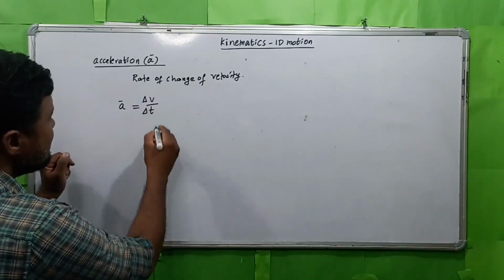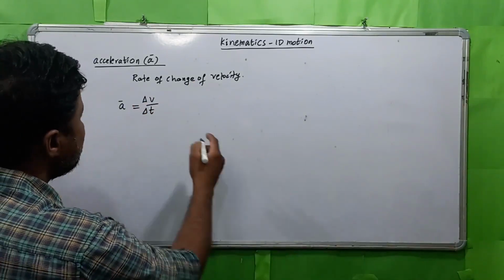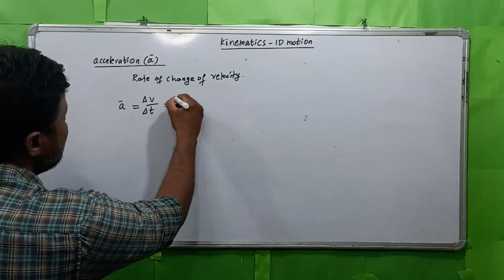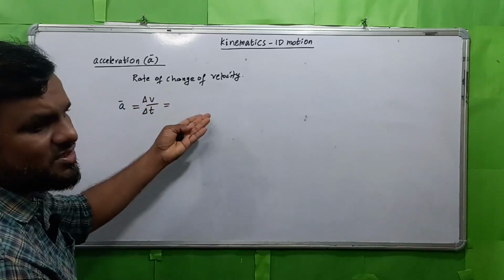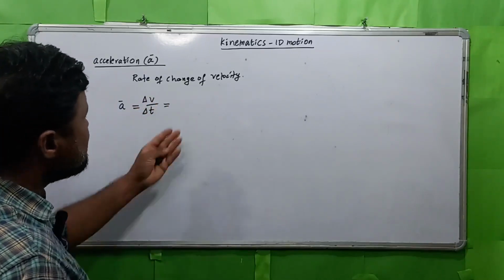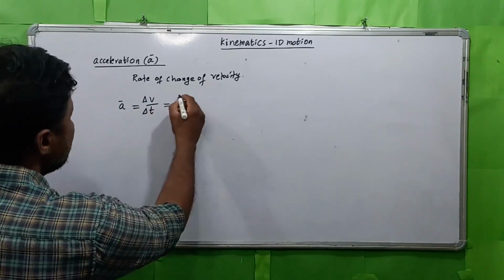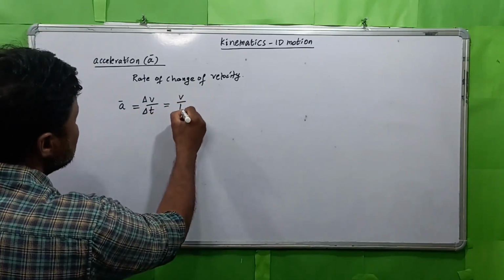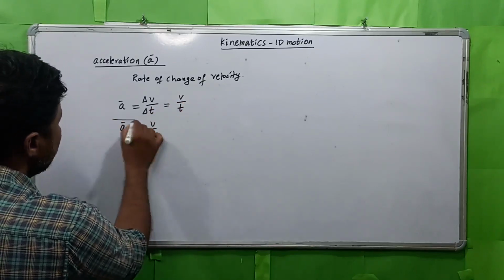Suppose the time interval is initially 0, and after some time interval it is t, we can write final velocity minus initial velocity, the change in velocity. Suppose initial velocity is taken as 0 and initial time is taken as 0, then we can write simply acceleration a bar is equal to velocity by time.